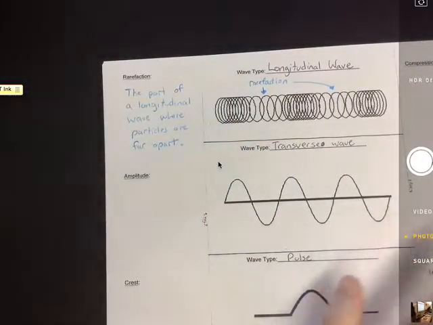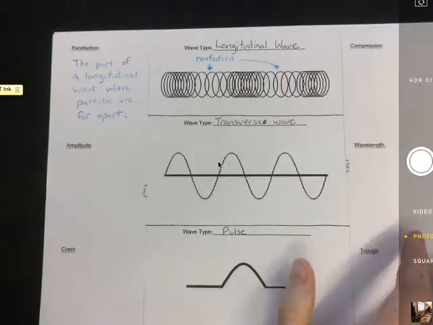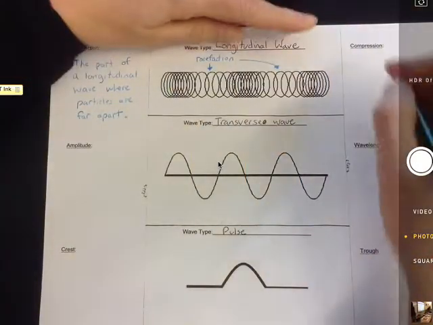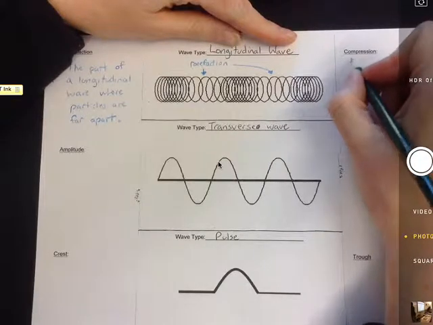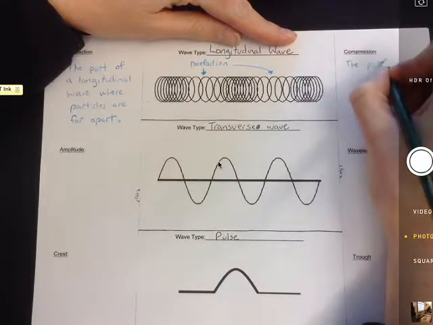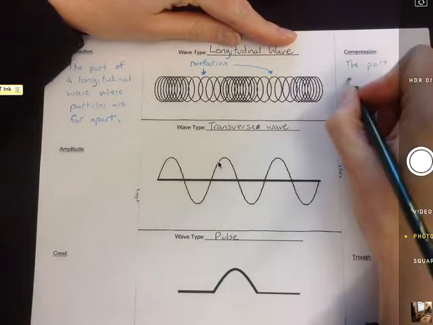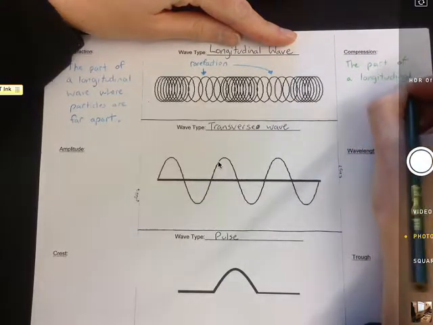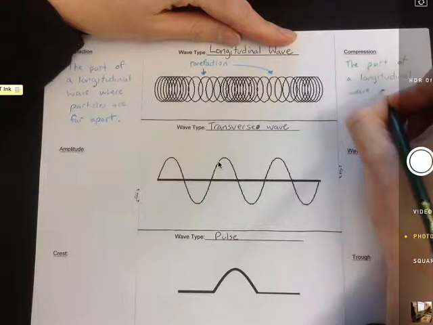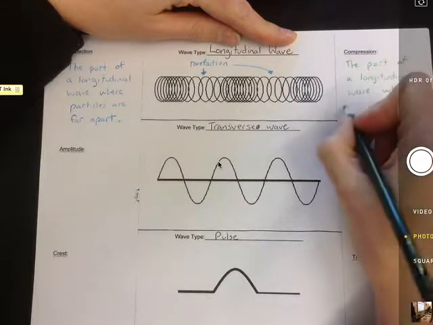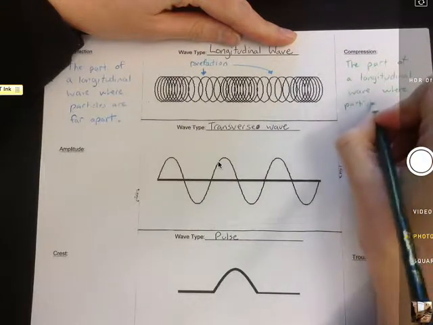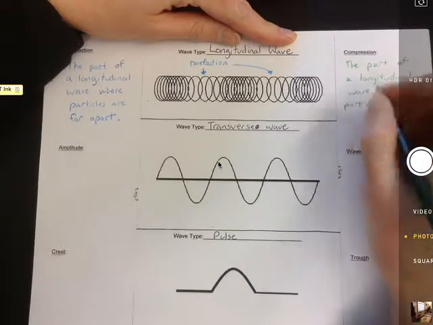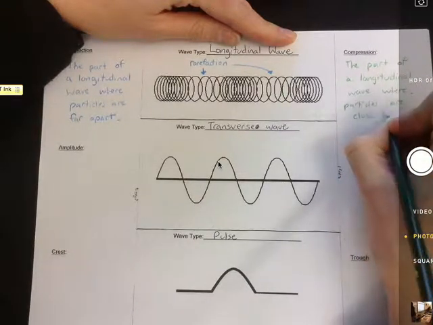The other part of a longitudinal wave is called a compression. I'll make that one green. A compression is the part of a longitudinal wave where the particles are close together.